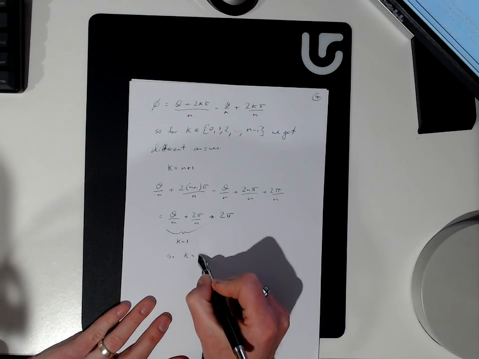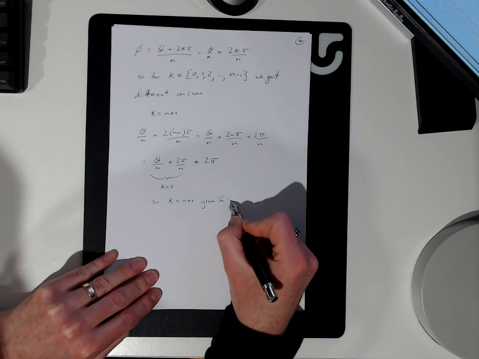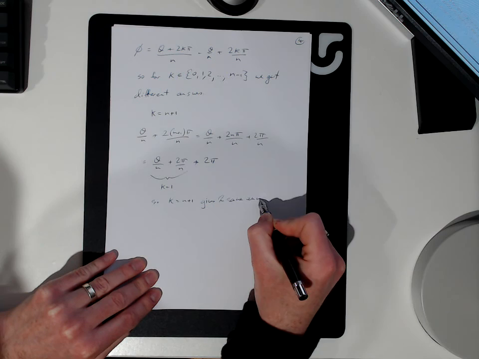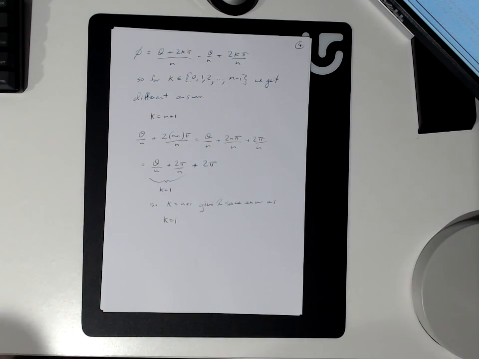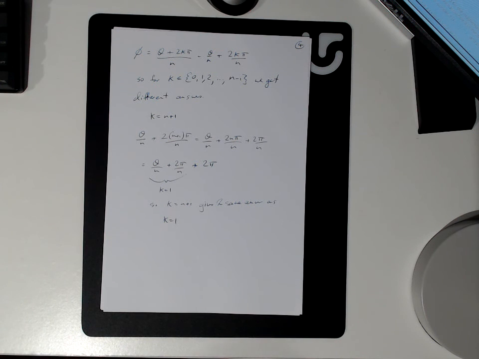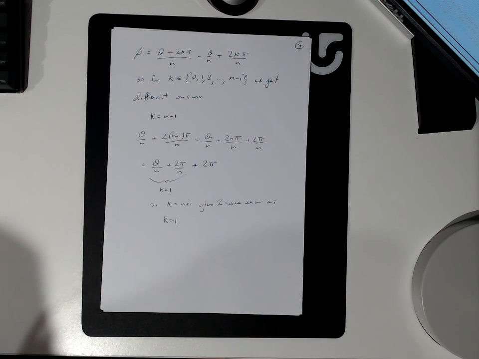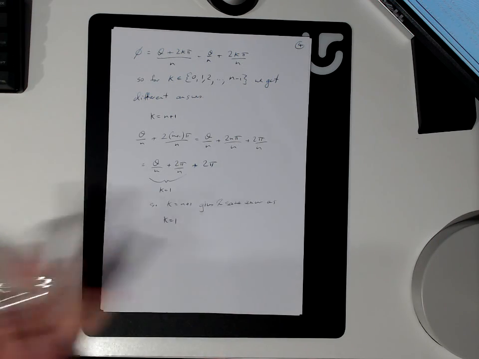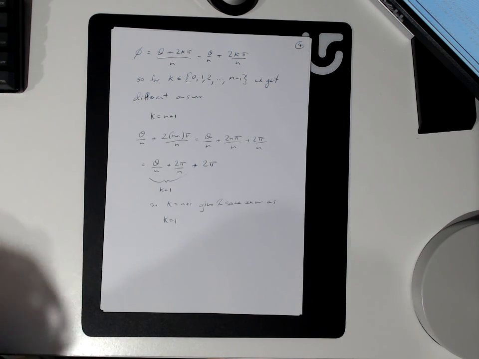So k equals n plus 1 gives the same answer as k equals 1, and it's the same for all of them. So there are n nth roots. This is related to the fundamental theorem of algebra that we talked about. A polynomial equation with degree n should have n roots. Well, here they are for a simple polynomial, but justification of.